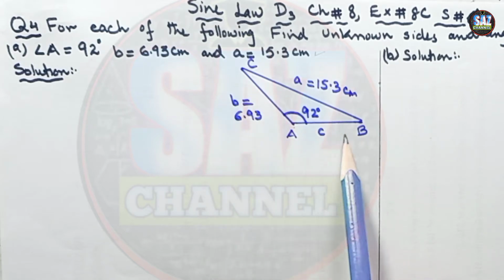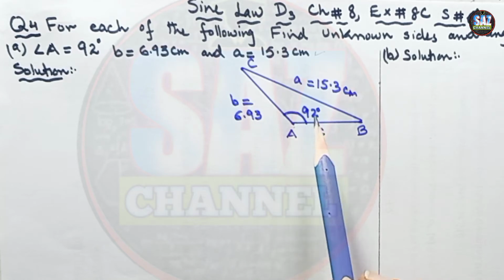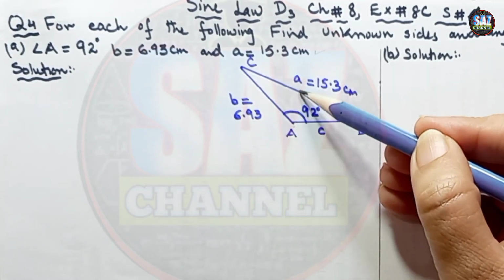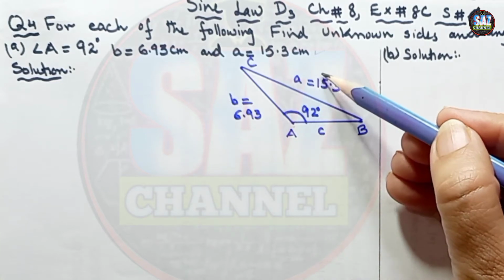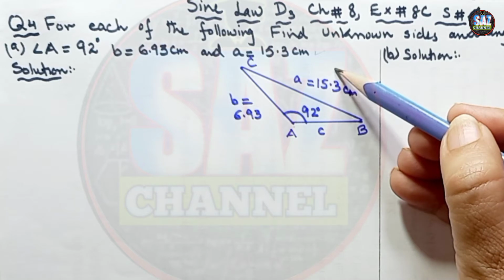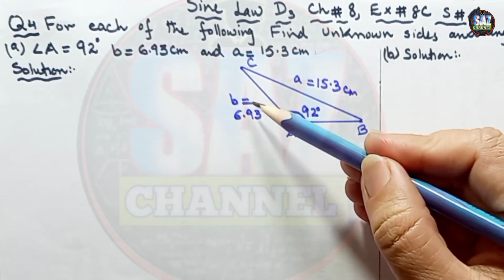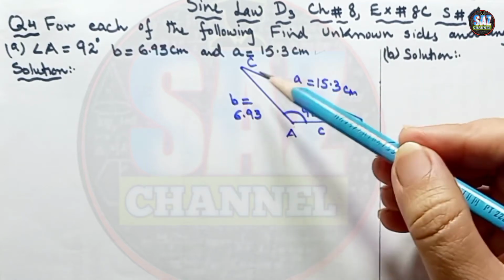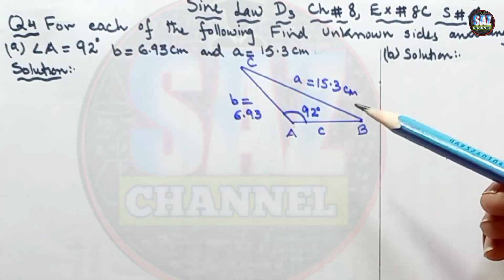Vertices or angles must be marked with capital letters and their corresponding lengths with small letters. The side opposite vertex A is small a, with length 15.3 centimeters. The length in front of vertex B is b, 6.93. And here we have the angle C and the length in front of it is small c.